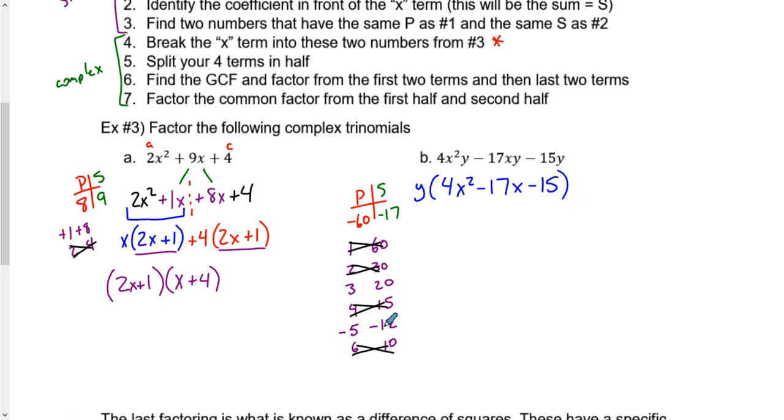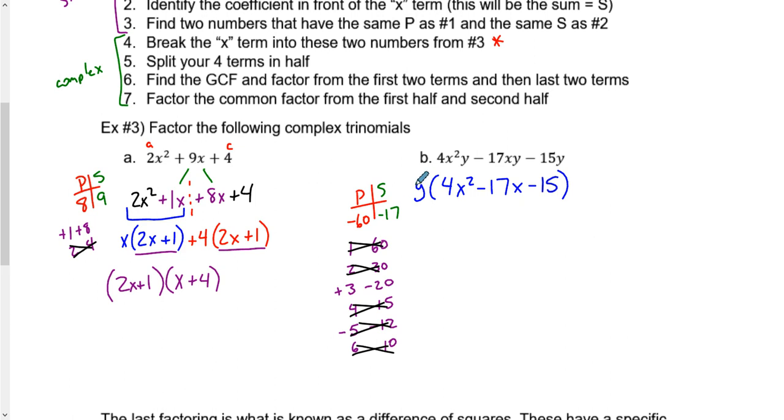But if both of these are negative, you can never get a product of negative 60, which means these are not the numbers we're working with. You will always only have one set of numbers that works. You will never have two sets of numbers that would work. Of course, the only way they would get a product of negative 60 and a sum of negative 17 would have a negative 20 and a positive 3.